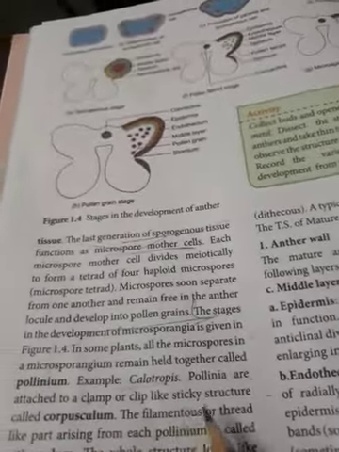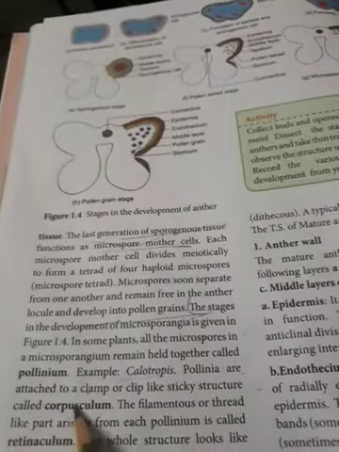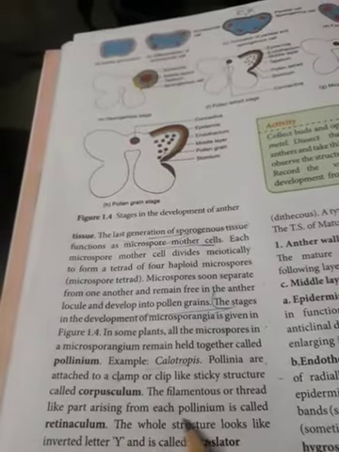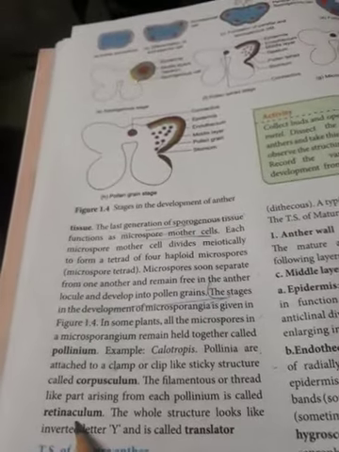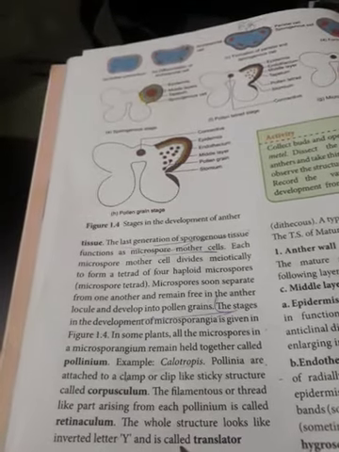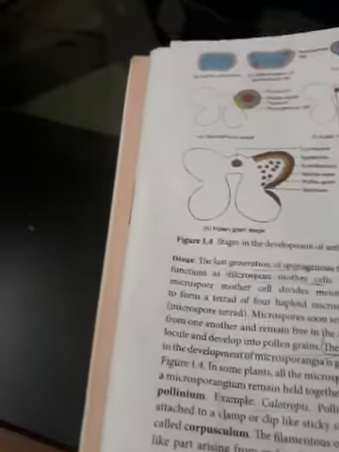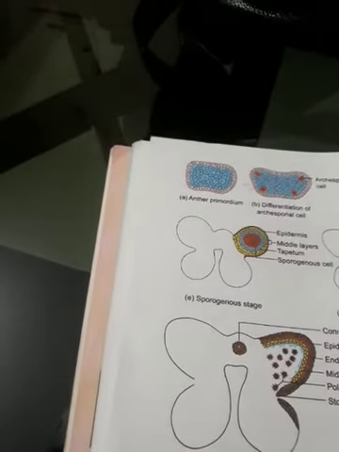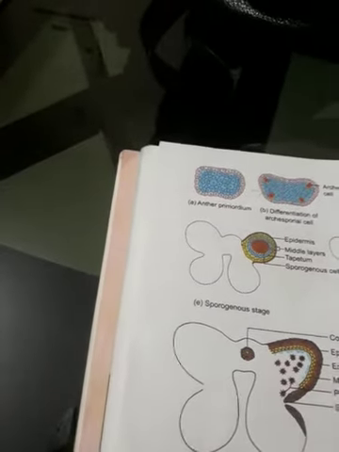Pollinia are attached to a clamp or clip-like sticky structure which is called the corpusculum. The thread-like part arising from each pollinium is called the retinaculum. The whole structure looks like an inverted Y-shaped structure which is called the translator. So the pollinium diagram will be like this: an inverted Y, filament-like structure. This is the pollinium.